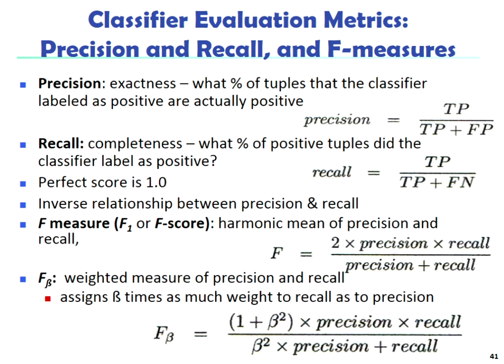F measure is the harmonic mean of precision and recall. So F measure equals 2 multiplied by precision multiplied by recall, divided by precision plus recall. Any questions about all these metrics?